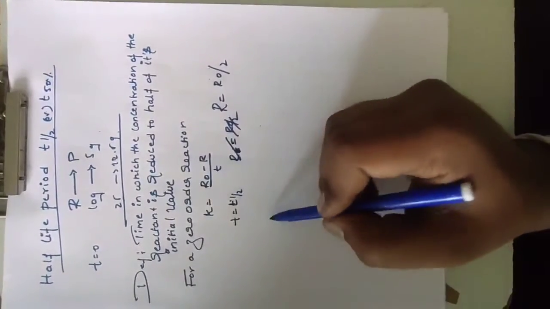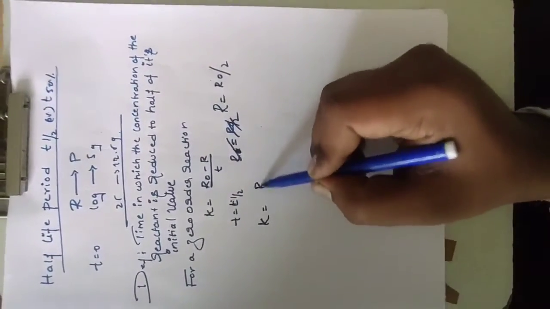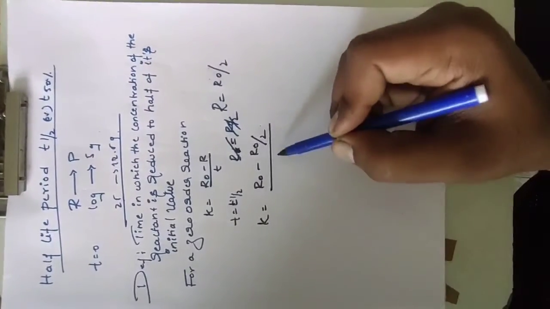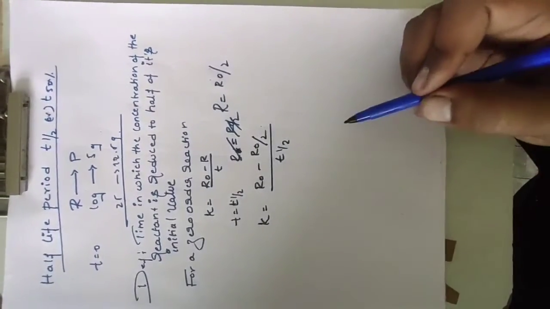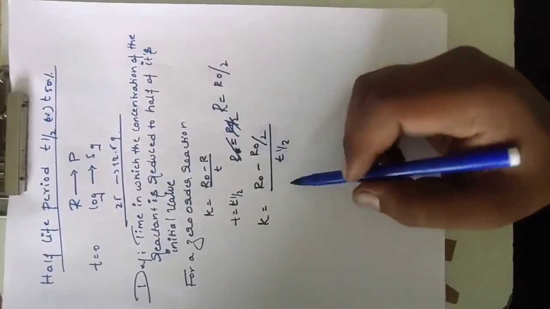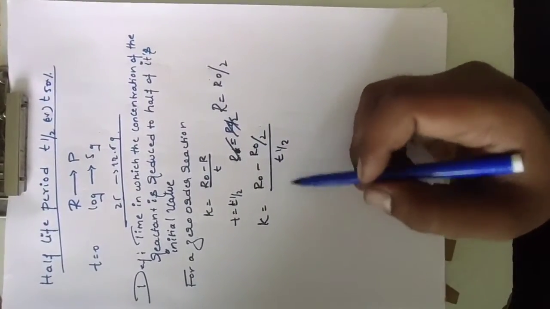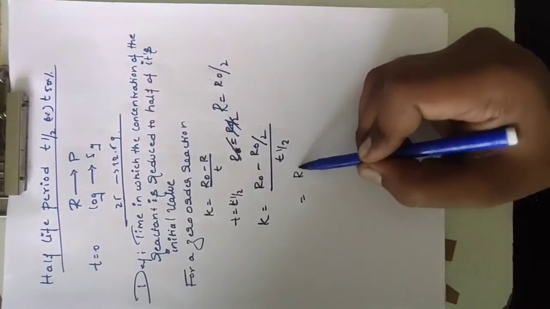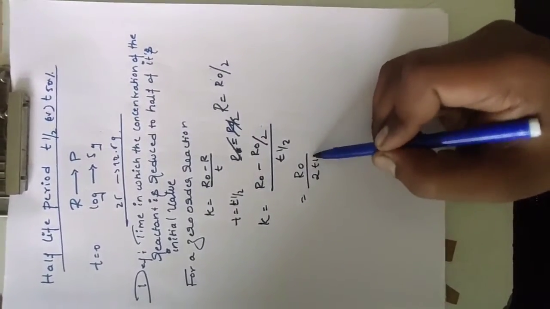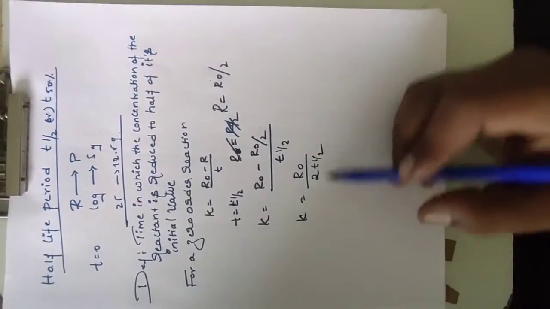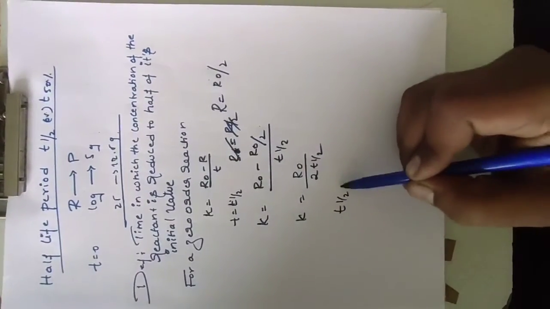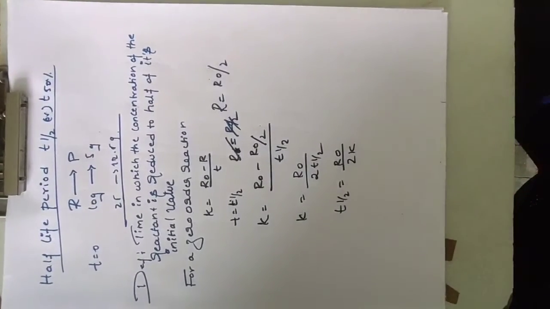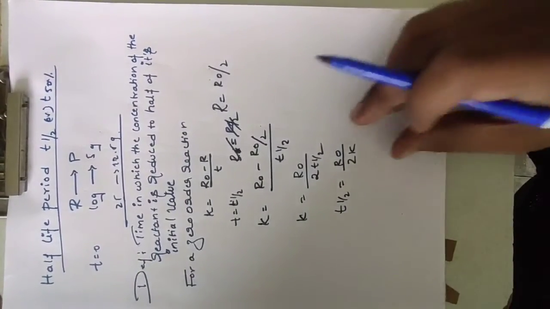Then if you substitute in the above equation, k = (r naught - r naught by 2) by t of, which becomes r naught by 2 t of. Write t of = r naught by 2k.